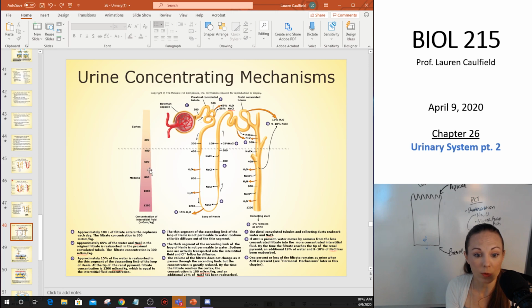So how do we equalize our concentrations between the filtrate and the interstitial fluid as we go back up? Well, if we can't move water, the only other thing that we can do is to move solutes out. And as we move solutes out, we decrease the concentration of our filtrate moving back up this ascending limb of the loop of Henle.